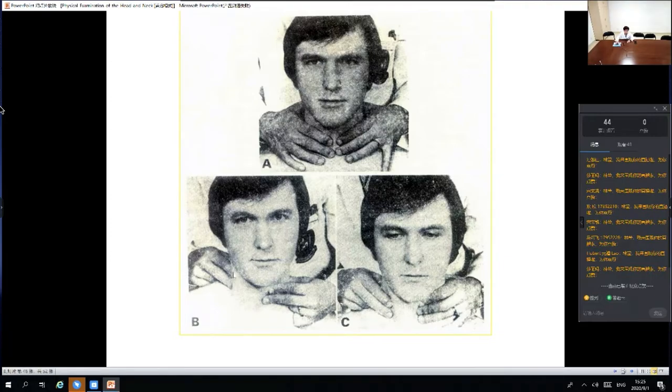Push this muscle forward and use your left hand to do the palpation. Then you'll be able to push the right lateral lobe to the left side, and use your left hand to do the palpation of the lateral left lobe of the thyroid gland.